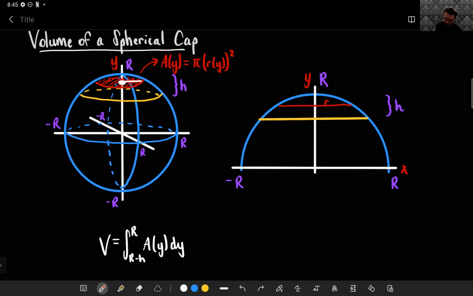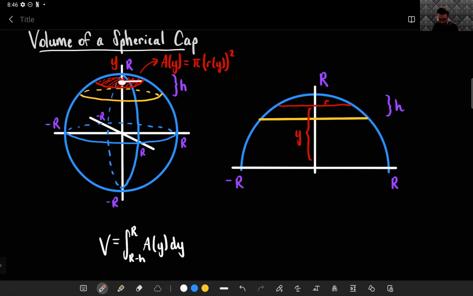Let's say that this height here, well, if I'm integrating along y and I'm slicing as y increases, this is just my y value. Don't get confused with this, this is just the label. Maybe I'll erase these labels to not confuse you.